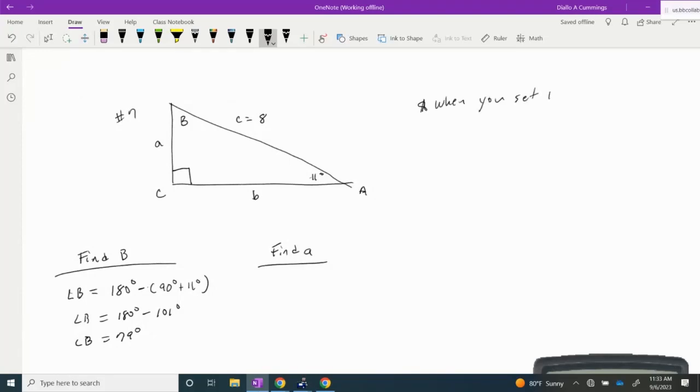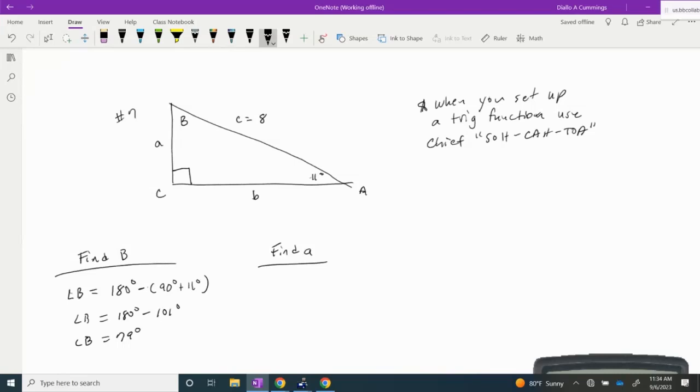When you set up a trig function, you want to use SOH-CAH-TOA. And remember that when you're setting up your trig function, there should be only one unknown.